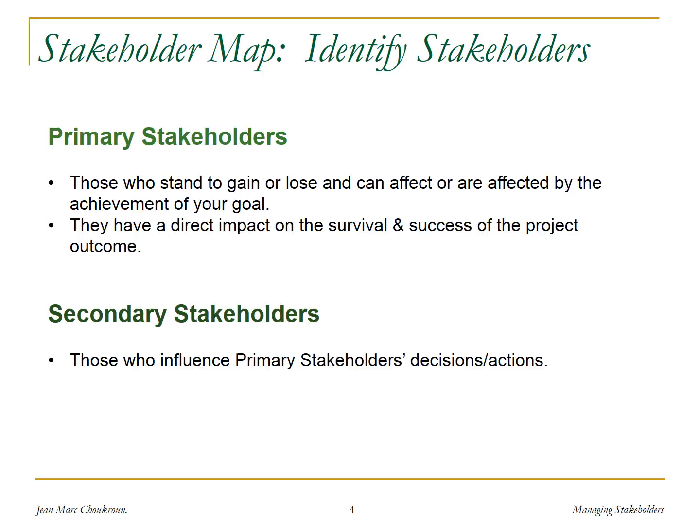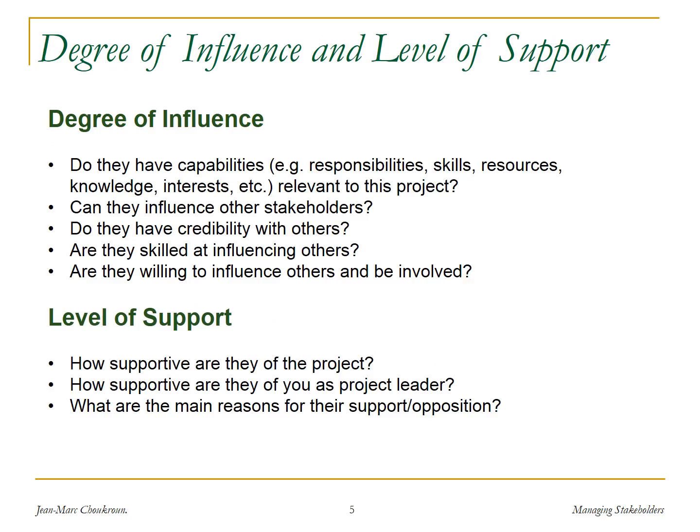The secondary stakeholders are people further out who can influence the primary stakeholders and get them to act in one way or another in support or in opposition to the project. To develop that strategy, we define two dimensions.